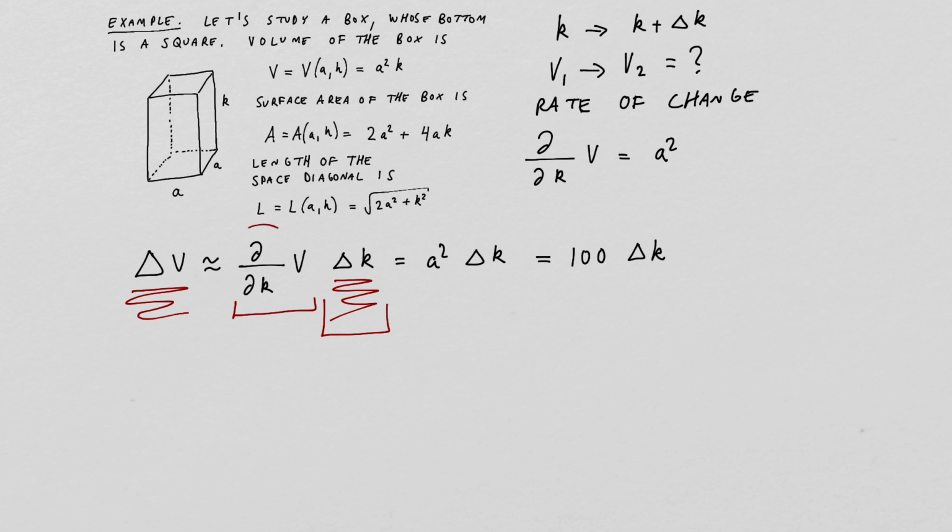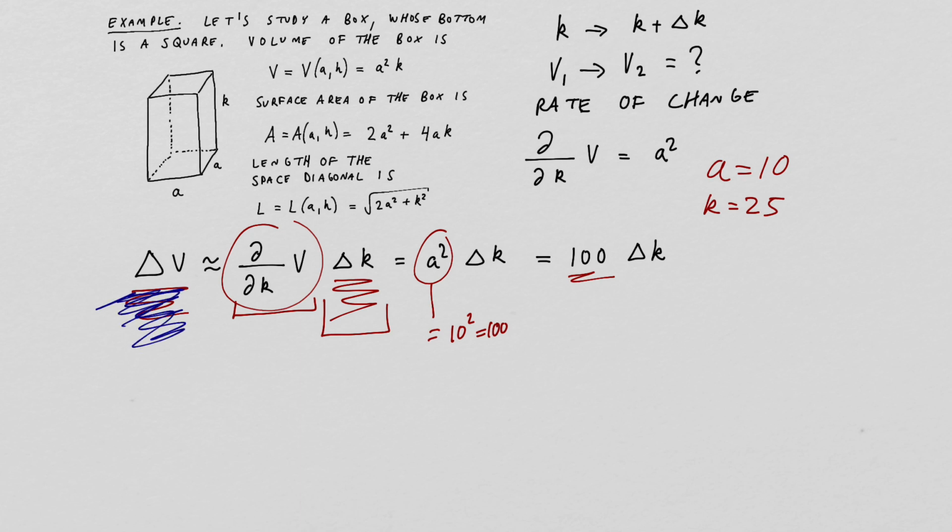The partial derivative is a squared, so if we have the situation that for our cube we have a equal to 10 and k equal to 25, then a squared will be equal to 100. So by using the partial derivatives we can express the changes in the function when we know how much the variable changes.